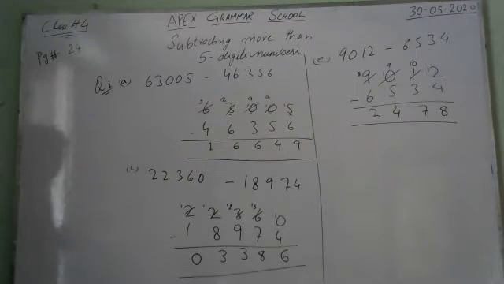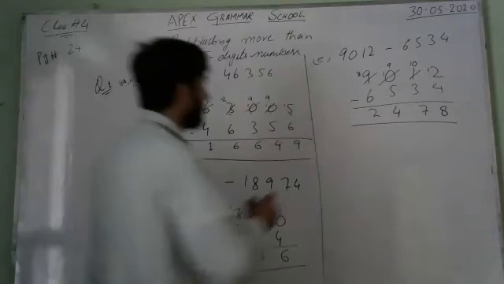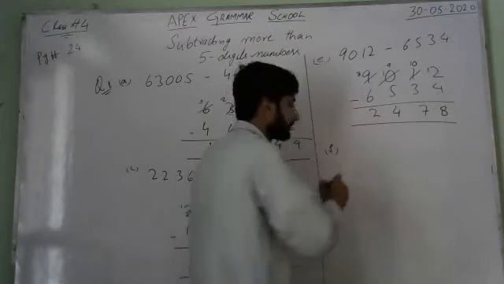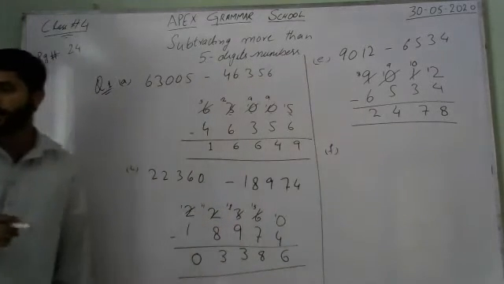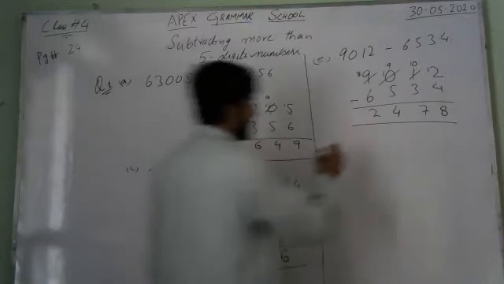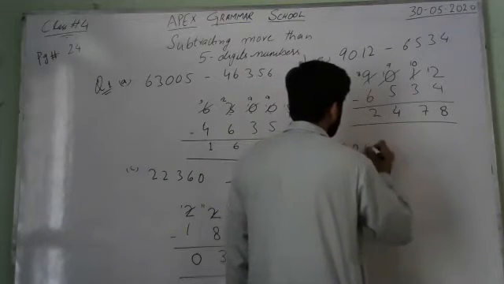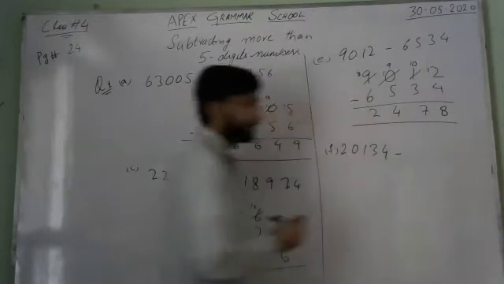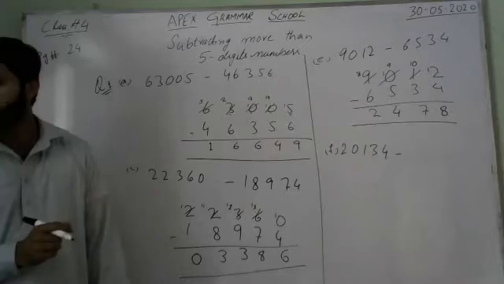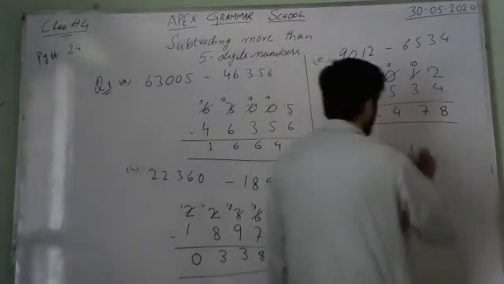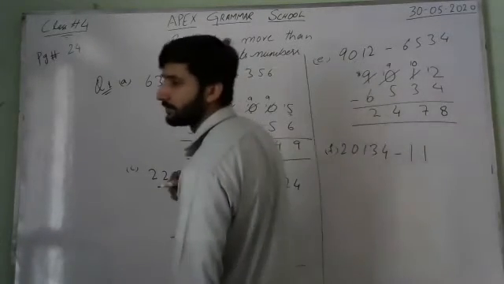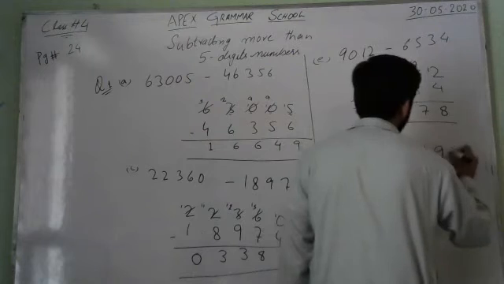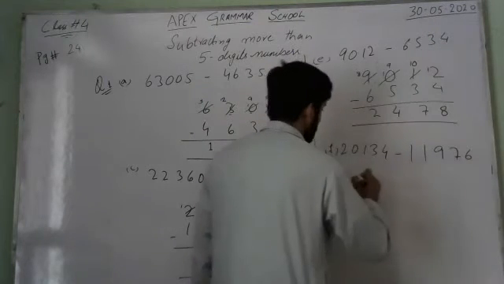Last part of this question, F part. 20134 minus 11976.